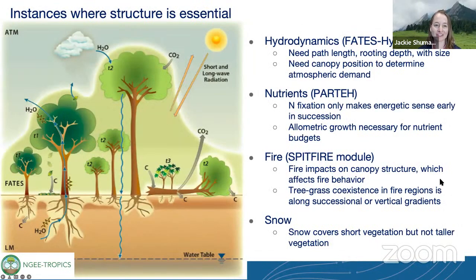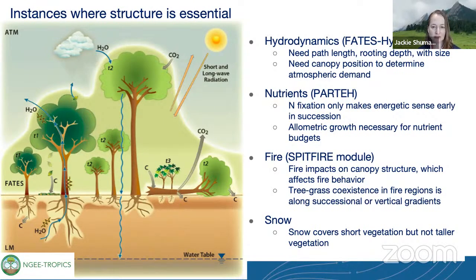There are a lot of instances in reality where structure is essential. Hydrodynamics, we have a FATES hydro module that tracks a lot of detailed information to capture more details about the structure. Nutrients, we have PARTEH, which is the nutrient-enabled model. Fire, I'm not going to read the details of these. You'll have access to this talk. Size structure is essential to mortality and regeneration processes associated with fire.